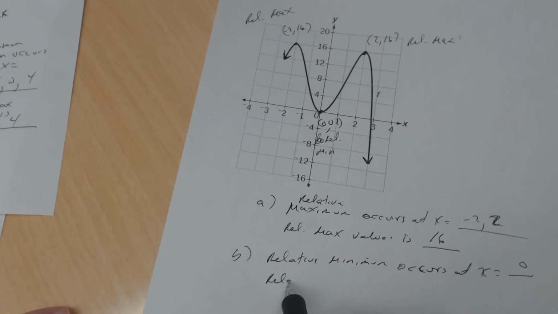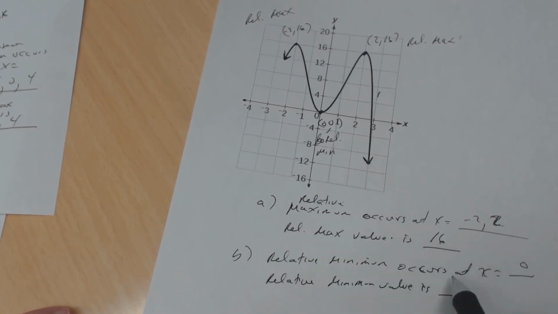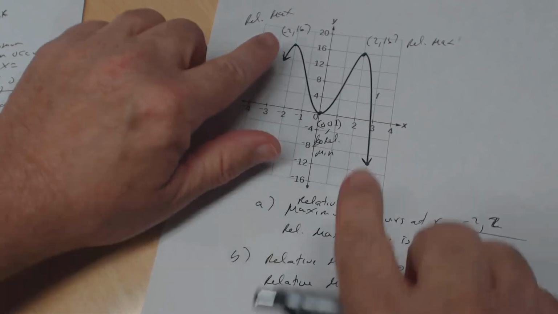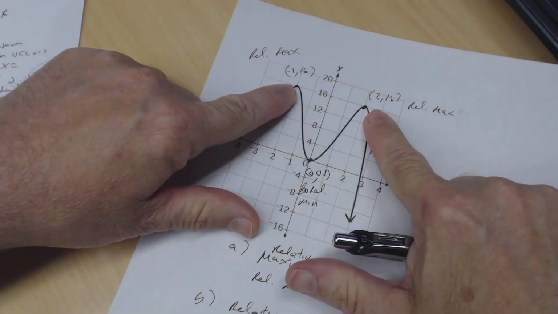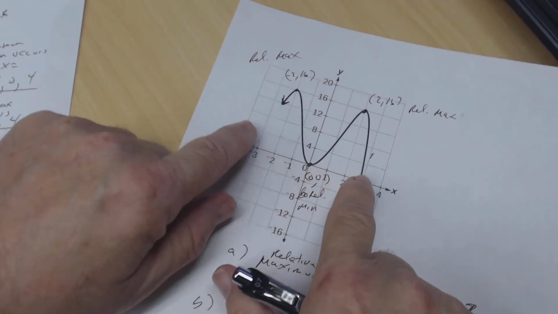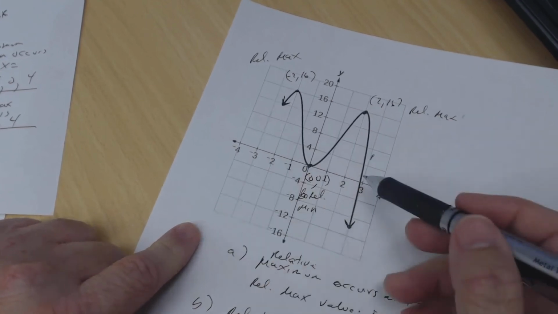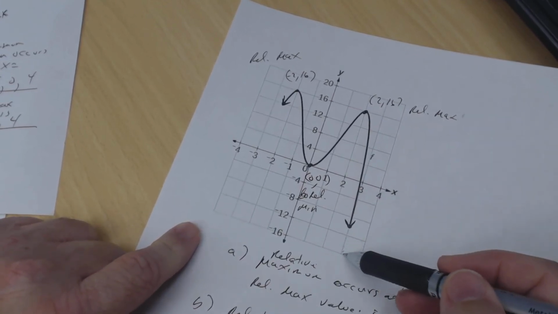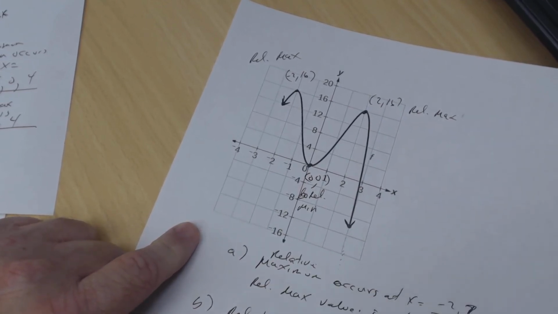So the relative minimum value is, and then your y value, which is 0. Now, you see how these were absolute? This is not absolute because these arrows keep going down. So you're never going to reach a smallest y value.